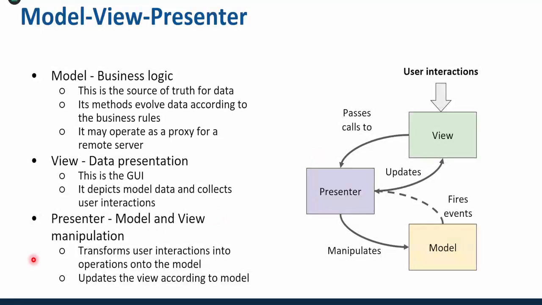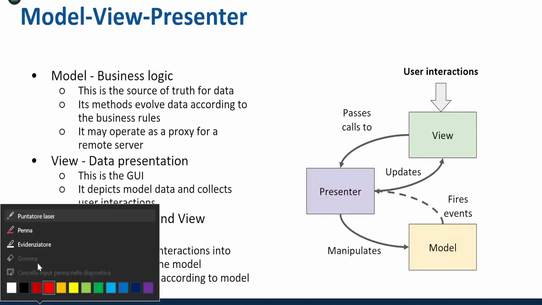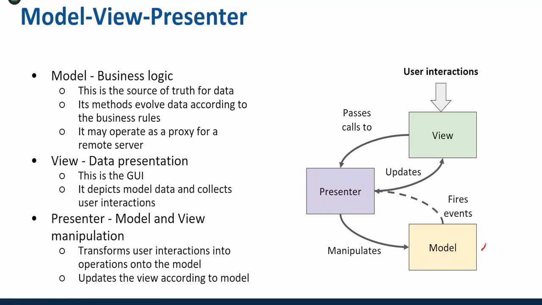But as you can see, we don't have here a closed loop. There is not a straight duration of events that the model fires on the view. In that case, the presenter acts as a real mediator, which interposes itself between the two.